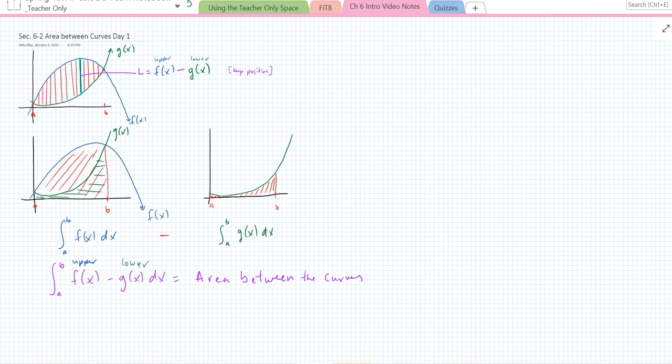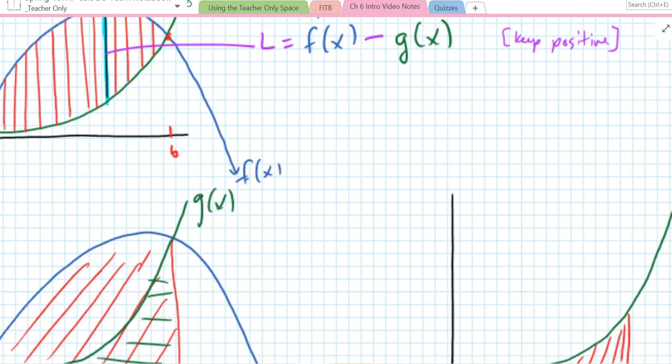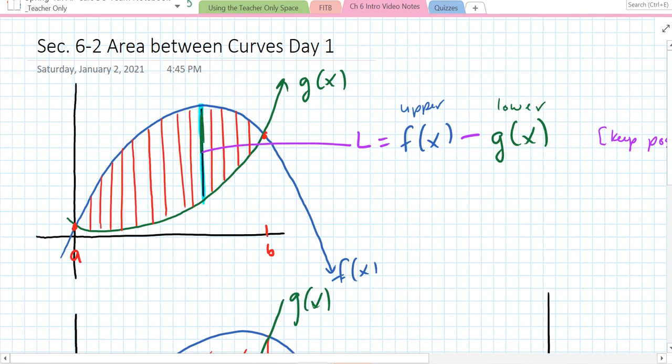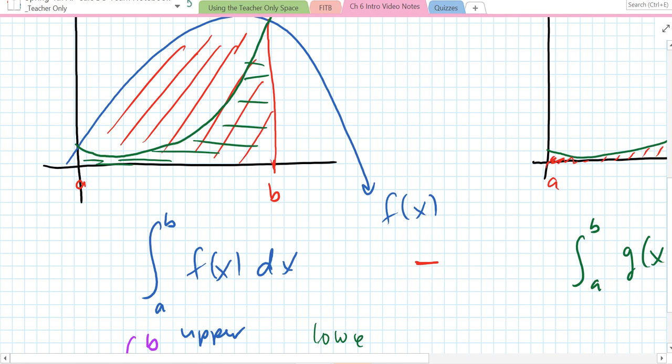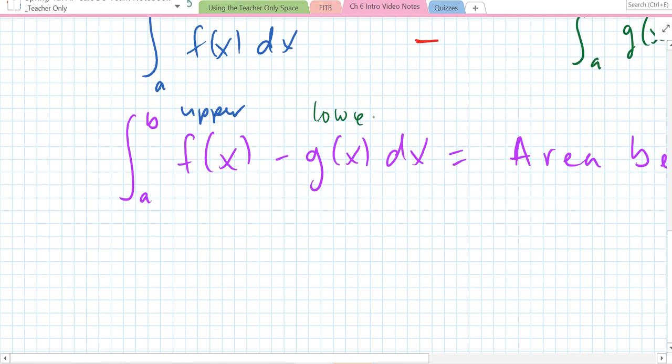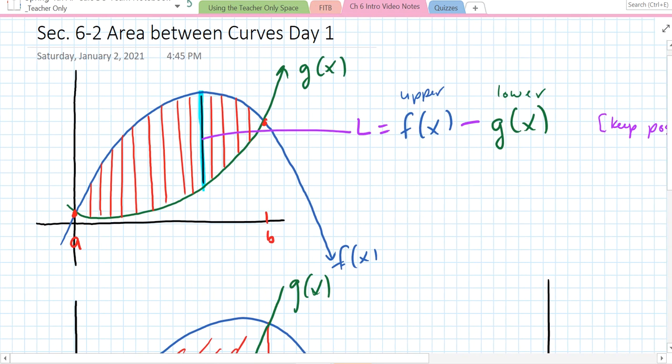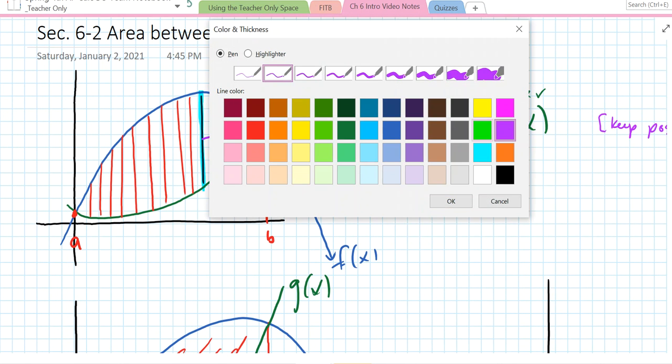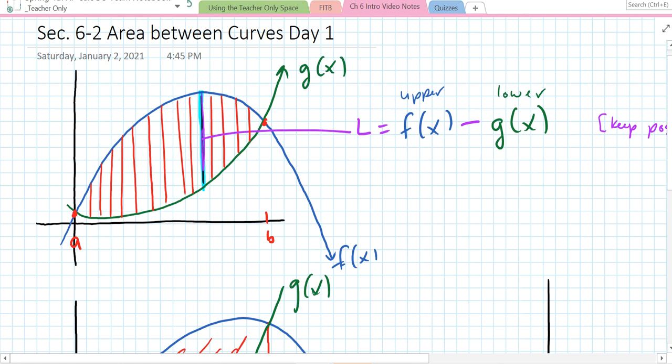But we can make our lives easier. Instead of having to do two problems, we can just approach it where up above we found L here. This is L. Let's change this to purple. And this L right here, it's the shortcut. Because if you integrate that L, you're going to get the same thing.